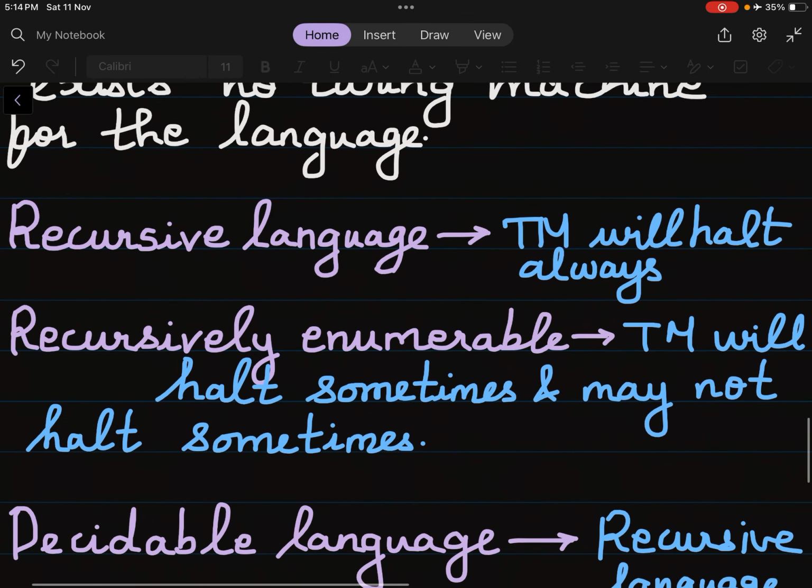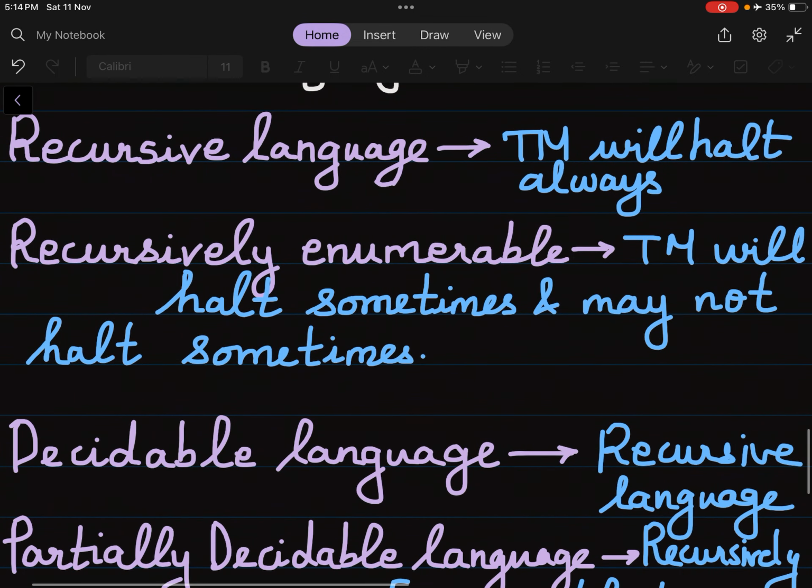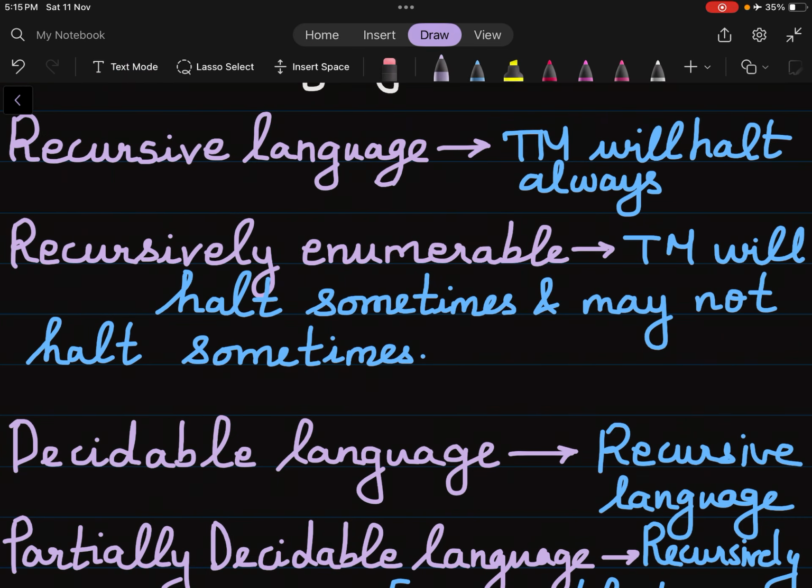So we will sum up the whole thing. What are recursive languages? The Turing machine will always halt, whether you accept the string or reject the string. Whether you accept or reject, it will always halt. Recursively enumerable language: the Turing machine will halt sometimes and may not halt sometimes.